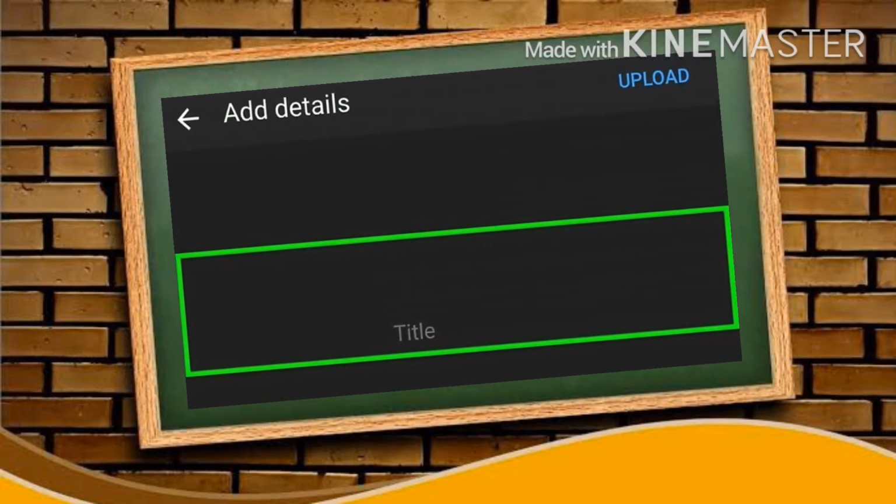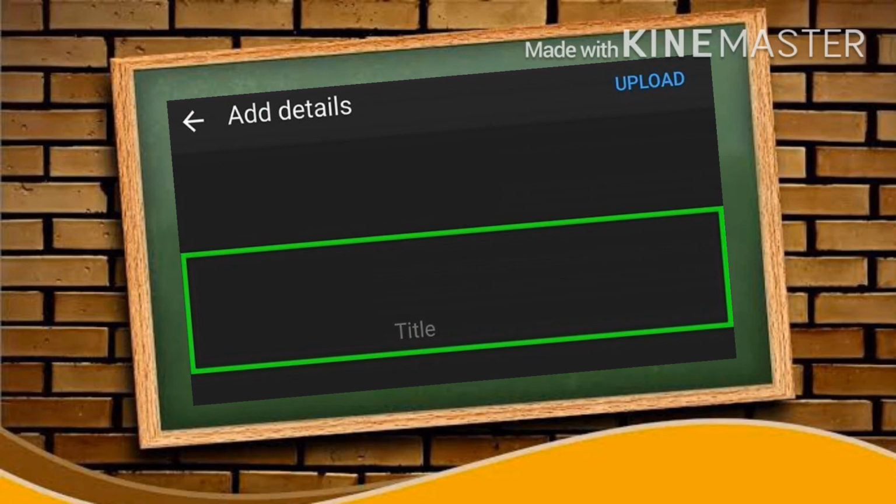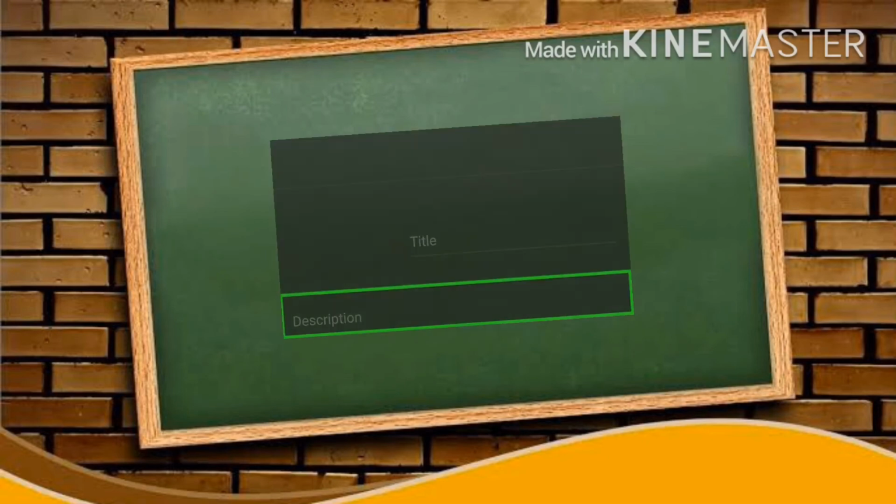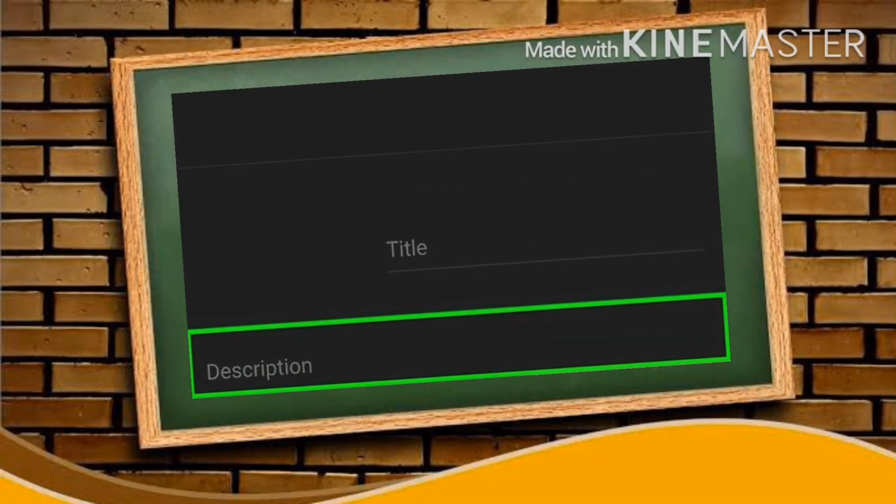Enter a title. The title can be up to 100 characters long and should reflect the content of your video. Next, you also can enter a description. The description is optional but recommended.